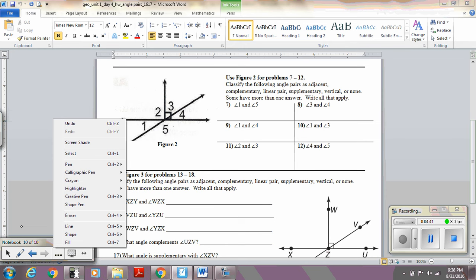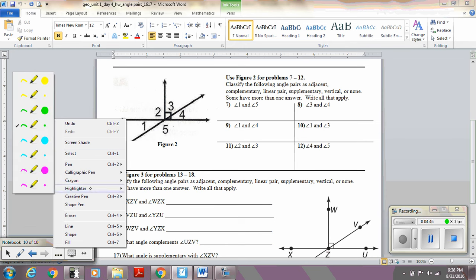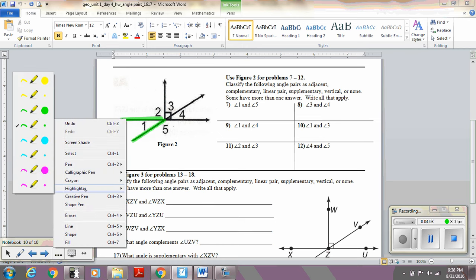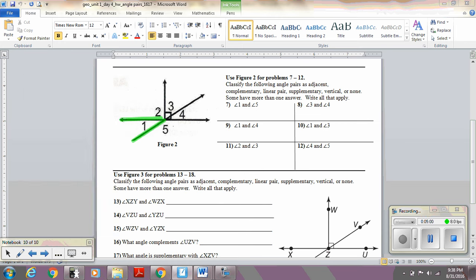The next one I'm focusing on is number 9, angle 1 and angle 4. Again, here's angle 1, and then here's angle 4.